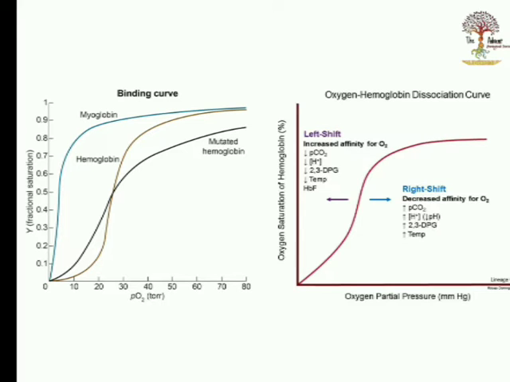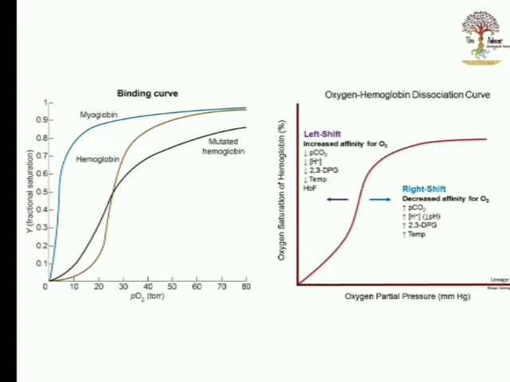If we consider the fetal hemoglobin and the adult hemoglobin, in the case of fetal hemoglobin, the affinity of oxygen towards the hemoglobin is much higher than in adult hemoglobin. So in this case, the fetal hemoglobin curve will be left-shifted, and the adult hemoglobin curve will be right-shifted because of this affinity.